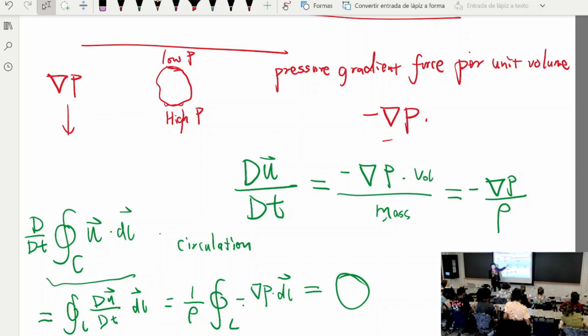So we are taking the rate of change as we follow the same fluid particle, which means this derivative is the rate of change as we follow the same fluid that's making up the curve.